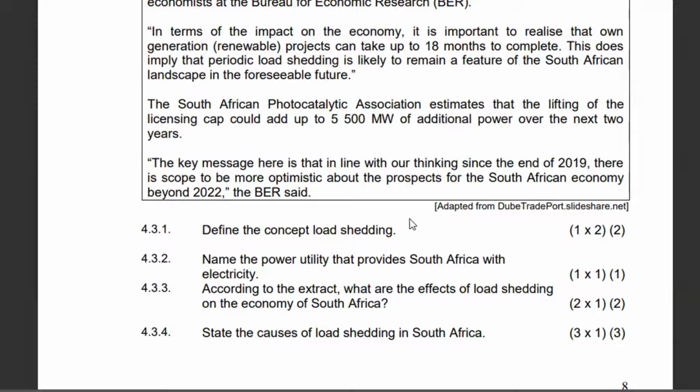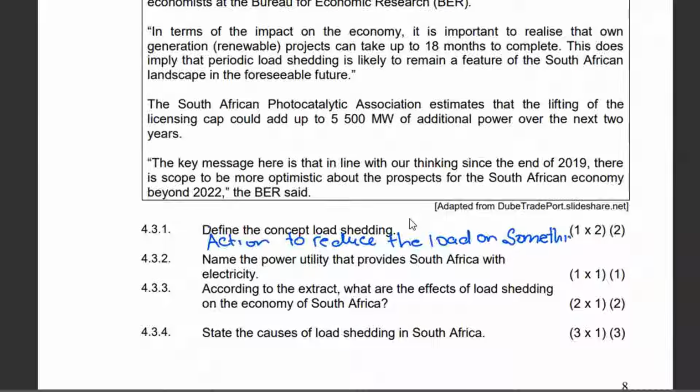So it's the action to reduce the load on something.